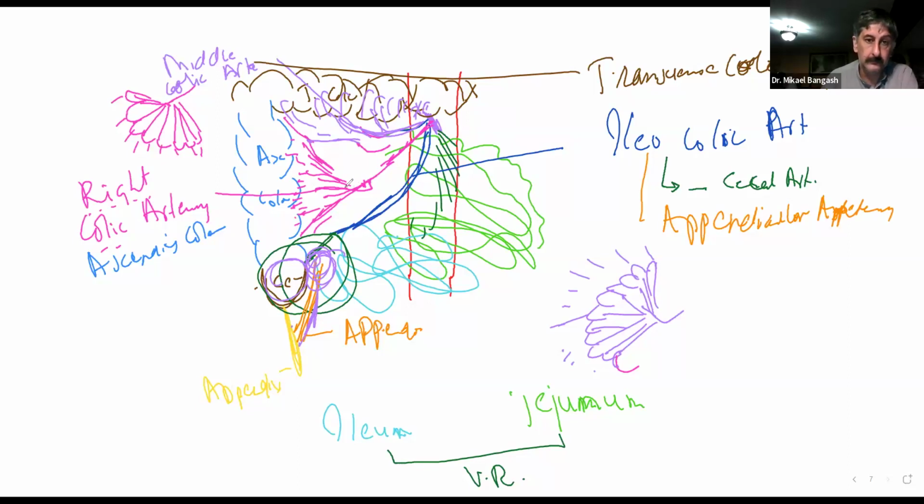After which, we have another artery called the right colic artery. Its origin is about that of the ileocolic artery, but from its name, it supplies the right part of the colon, which is mainly the ascending colon.